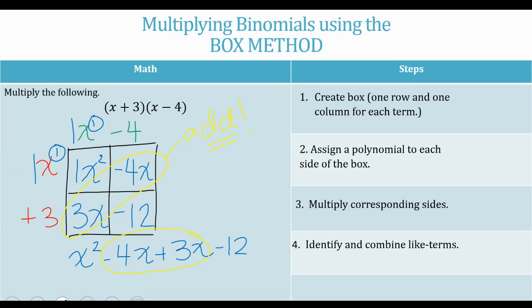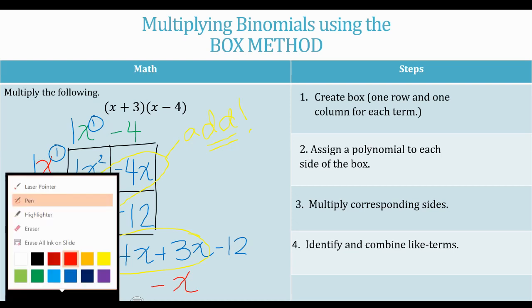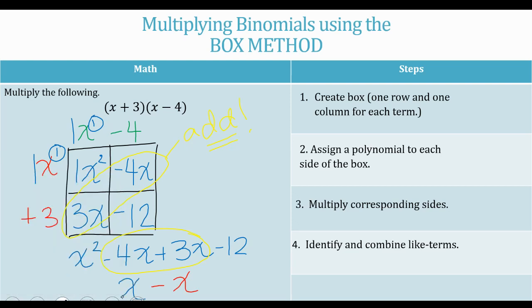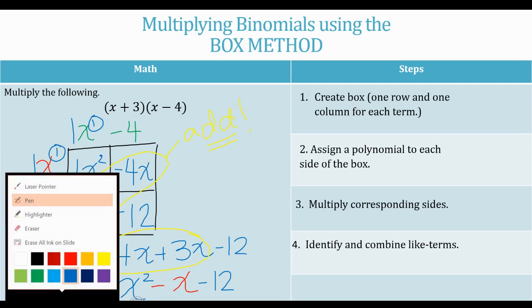So negative 4x plus 3x gives us negative 1x. Like I said, we don't need to put that 1. And then I'm going to just bring down the terms that we didn't touch. So I just combined my like terms. Negative 4 plus 3 gave me a negative 1. So that's why there's this minus x here.